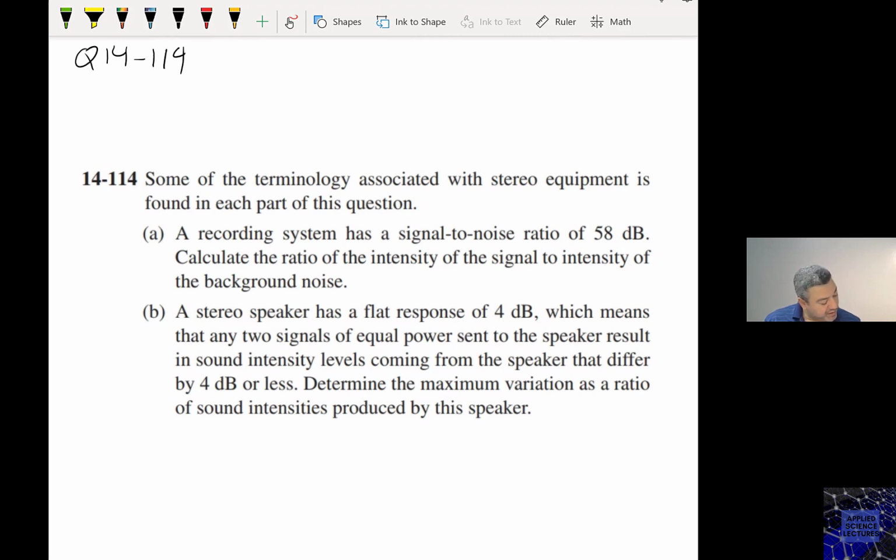A, a recording system has a signal-to-noise ratio of 58 dB. Calculate the ratio of the intensity of the signal to intensity of the background noise. So we need to find the ratio between those two intensities, the signal and the noise.